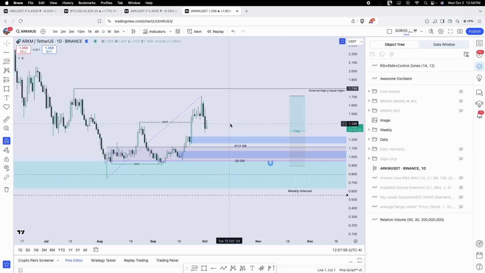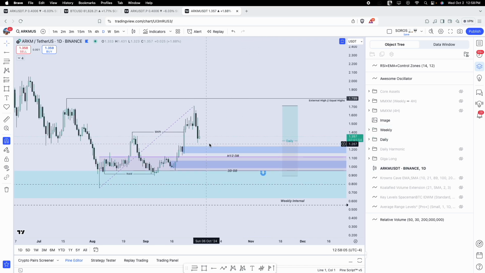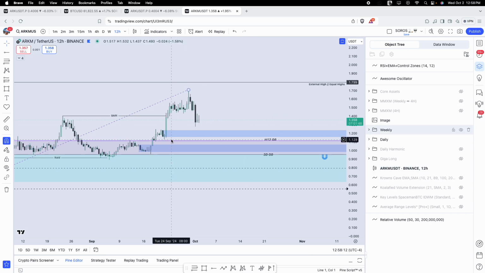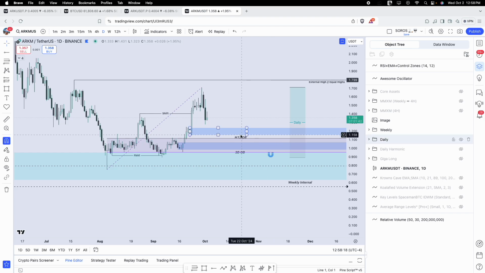There was a bit of a bounce. I would like to see price go deeper into discount for that long. There is a 12-hour order block right here. So if you just pop in the 12, you could see a very obvious order block with displacement that shifted the highs. I just leave it on the chart. It's not my target. My actual target is going to be lower.